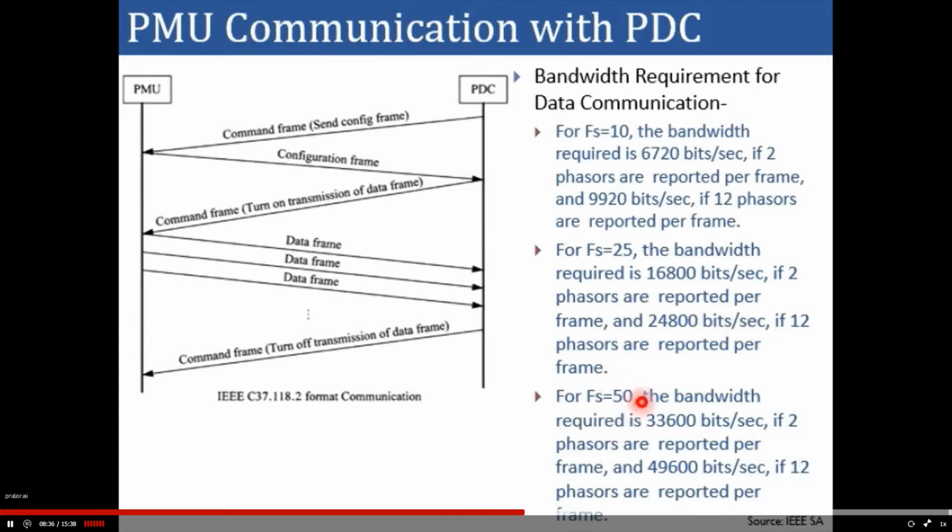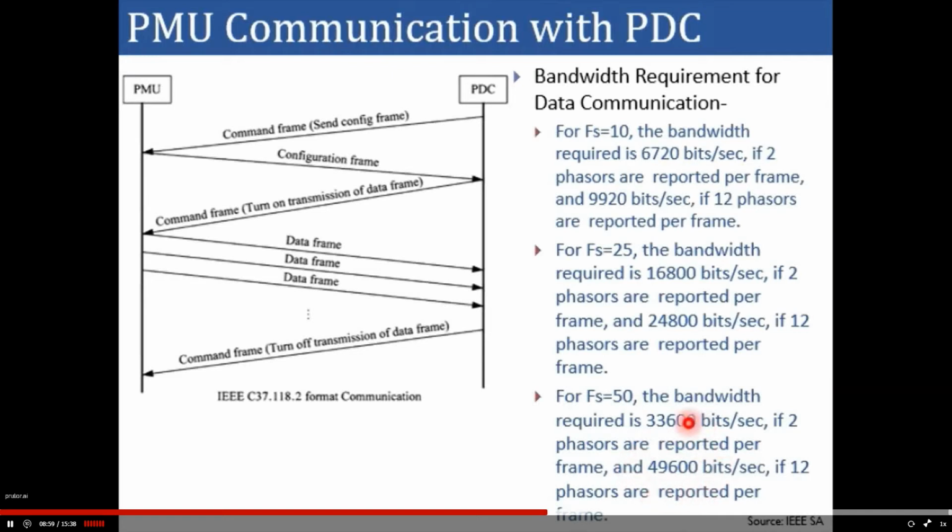Now, if the data reporting rate is 50 frames per second, the bandwidth required increases to 33,600 bits per second if we are sending only 2 phasors, and 49,600 bits per second if we are sending 12 phasors per frame.